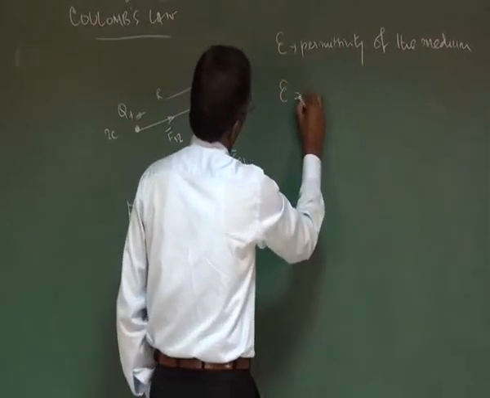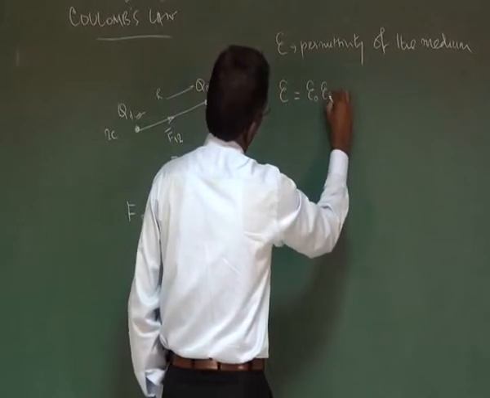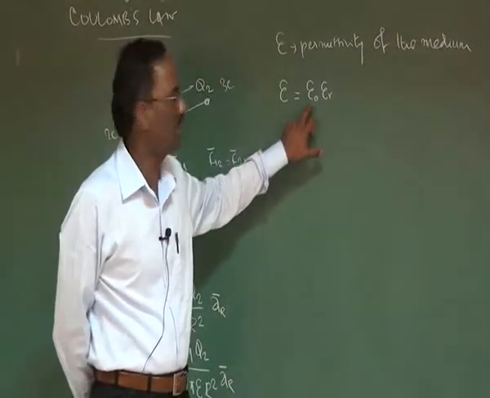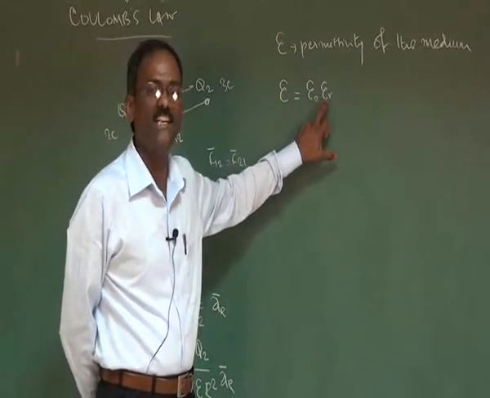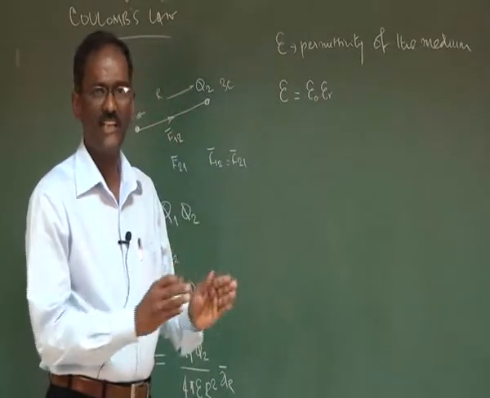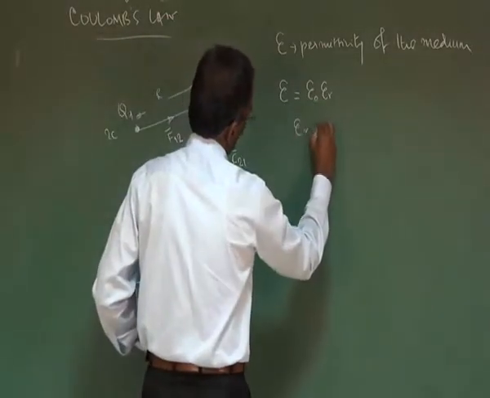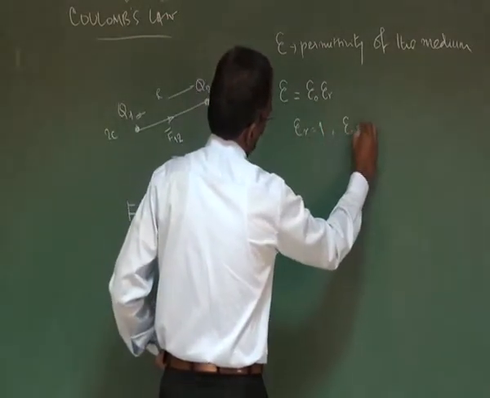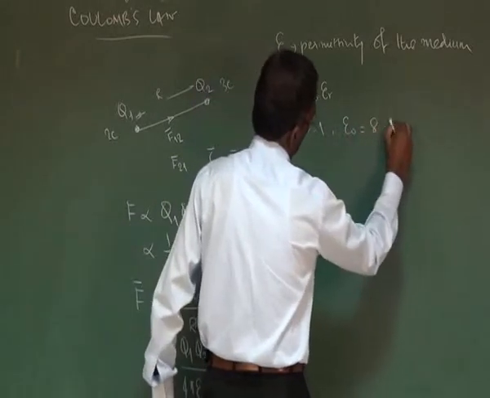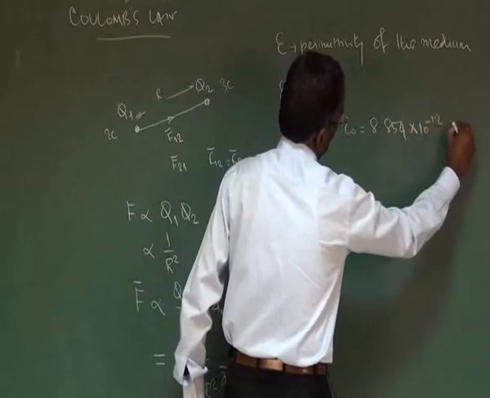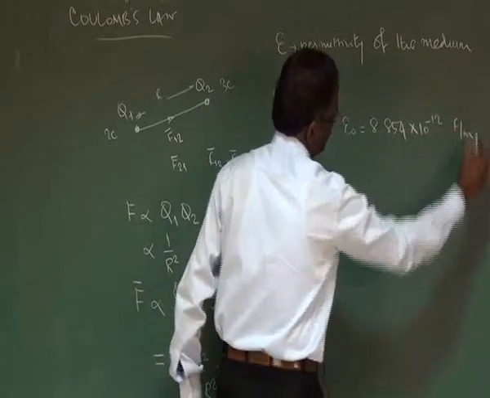I can write epsilon is equal to epsilon O, epsilon R. Epsilon O is called absolute permittivity and epsilon R is called relative permittivity. For air or vacuum or free space, epsilon R is equal to 1 and epsilon O is a constant. It is given as 8.854 into 10 to the power minus 12 farad per meter.